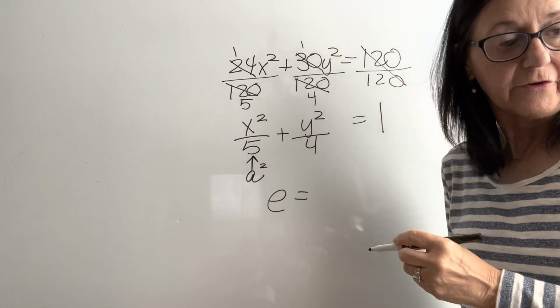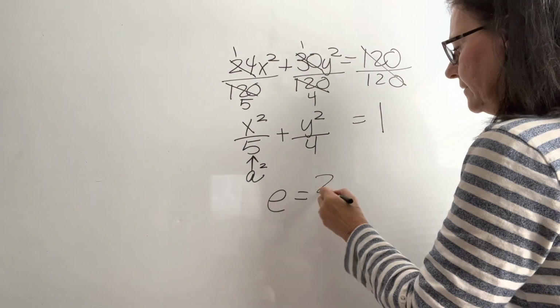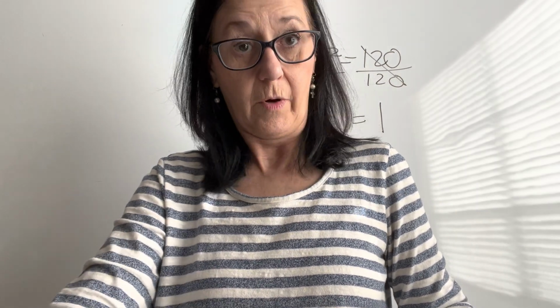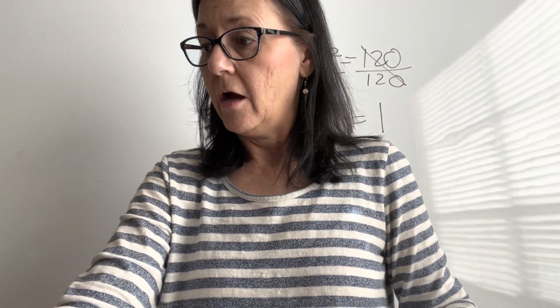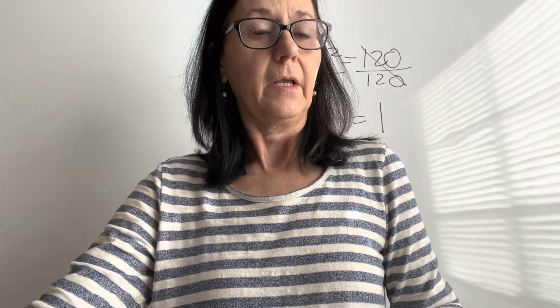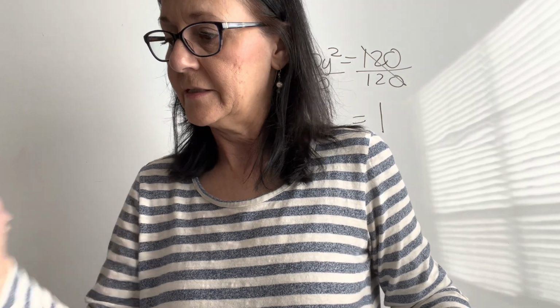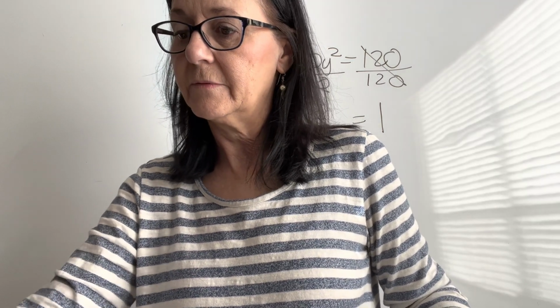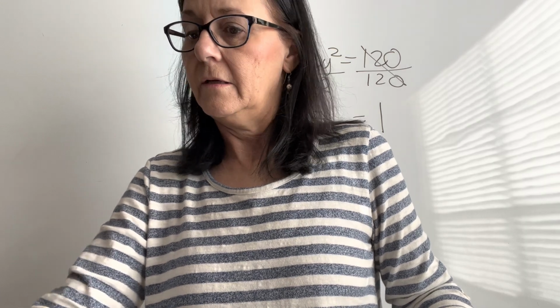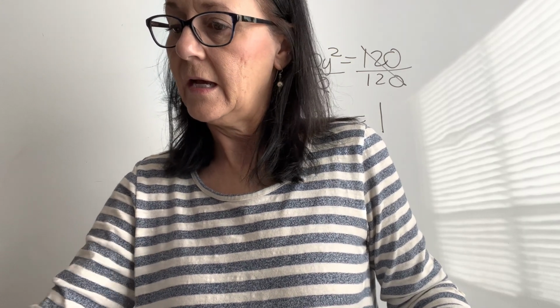Eccentricity is the value of 2c over 2a. Remember, it's the distance between those focus points, that ratio over the distance between the vertices. I'm just double checking myself to make sure I don't have it flipped.